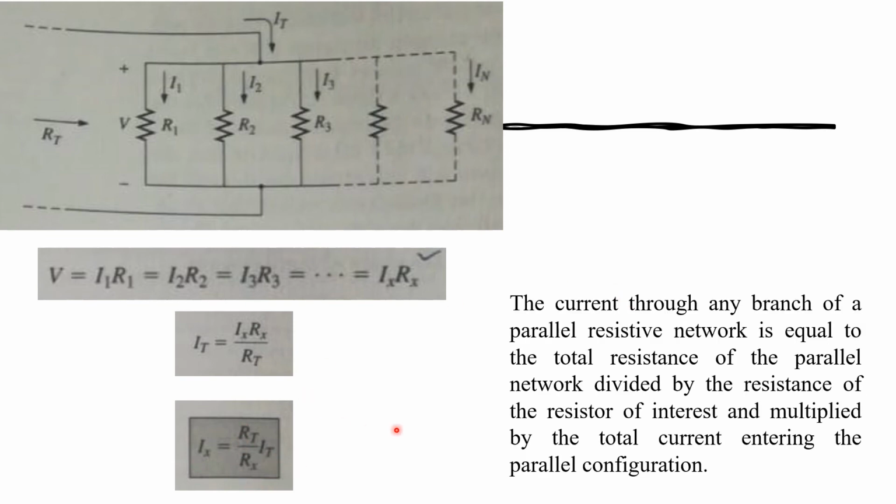So we can define this equation as: the current through any branch of a parallel resistive network is equal to the total resistance of the parallel network RT divided by the resistance of the resistor which is of interest, multiplied by the total current IT entering the parallel configuration. So this is basically the generalized relation of the current divider rule. You can use this relation to find the current through any branch of a parallel resistive network.